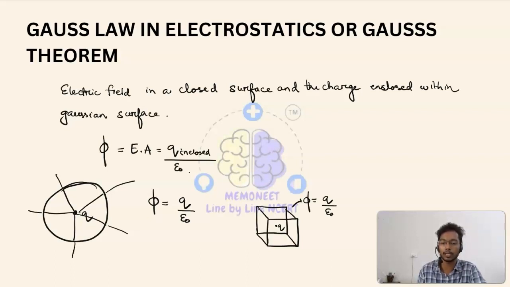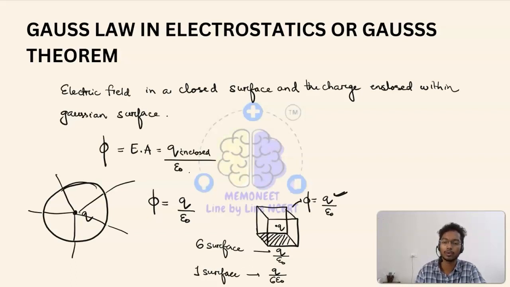But if we are asked to find the electric flux from one of the surfaces of the cube, how many surfaces are present in the cube? We have six surfaces, which together have flux q upon epsilon naught. So for one surface, the associated flux will be q upon 6 epsilon naught.